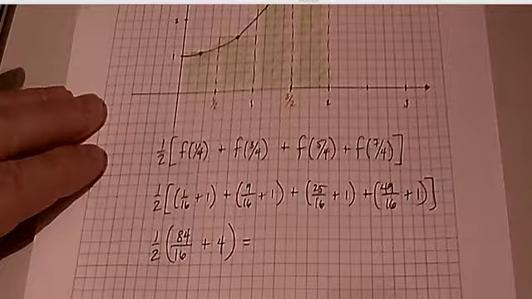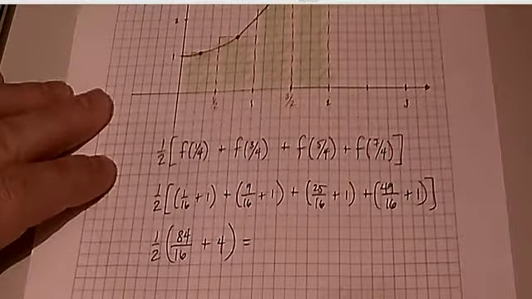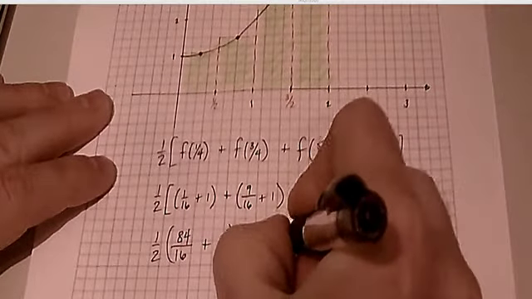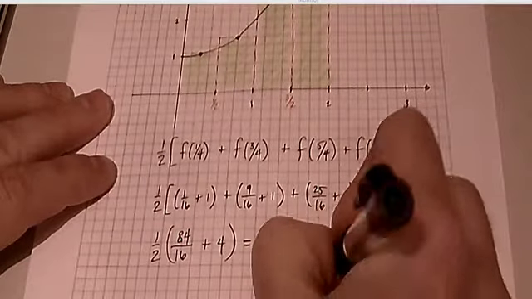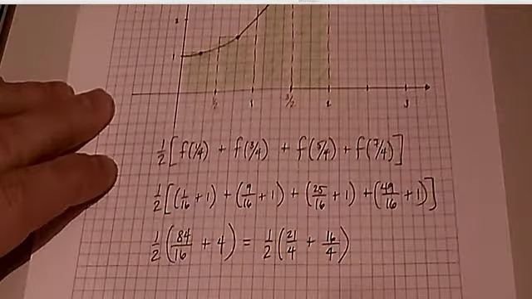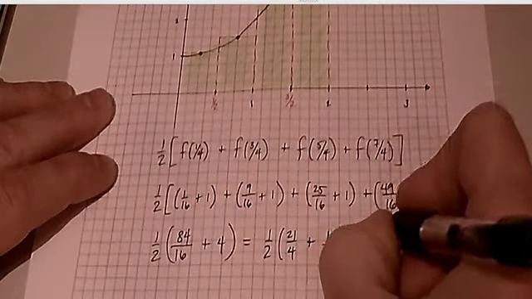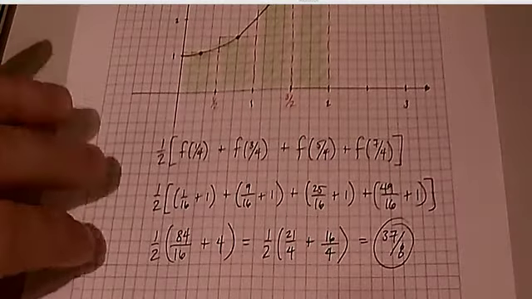Now, here's the thing. 84 over 16 reduces, okay? They both have 4 in common, so you're going to wind up with 21/4, and 4 can transform into 16/4. That's 37 over 4, or 37 over 8 once you multiply it by 1/2.